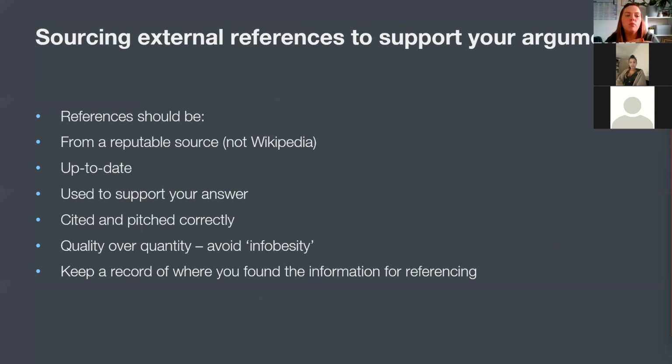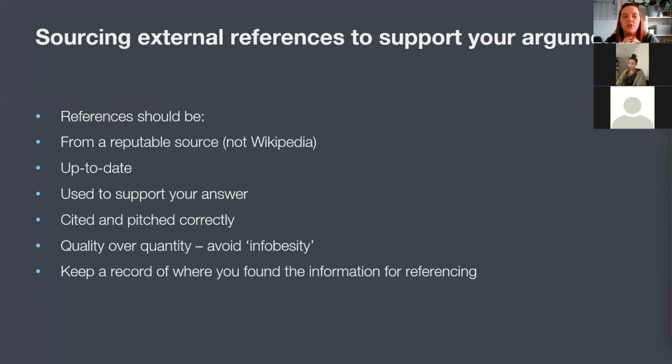So with references, like I said before, Google is your friend. If you need to know about something, stick it in Google. You can even look for reports. If you're talking about mergers and acquisitions, you could just type into Google, like Willis merger or report, and loads of stuff comes up.